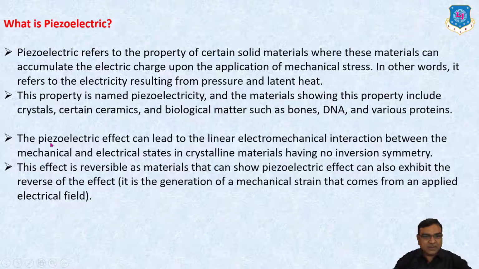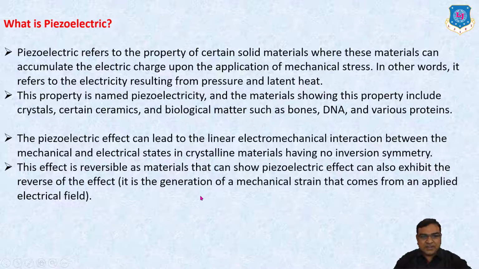proteins. The piezoelectric effect can lead to the linear electromechanical interaction between the mechanical and electrical states in crystalline materials having no inversion symmetry. This effect is reversible, as materials that can show the piezoelectric effect can also exhibit the reverse of the effect.